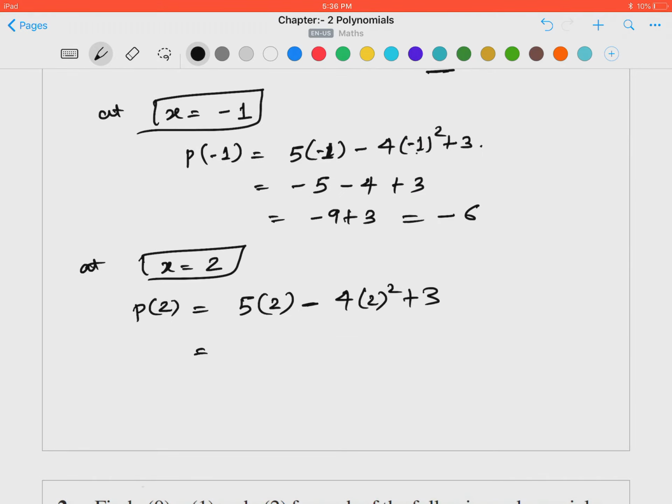Now solve this. 5 into 2 is 10, minus 2 square is 4, 4 into 4 is 16, plus 3. So 10 plus 3 is 13, minus 16 is equal to minus 3. So the value of the polynomial at x equals 2 is minus 3.